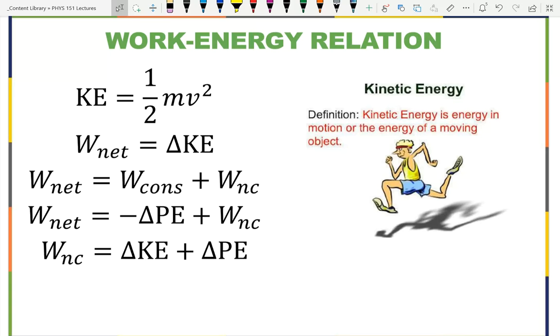So in that problem that I gave you with the two forces, force of friction and the force applied, the net work, which came out to be 92 joules, that would be telling me about the change in kinetic energy. So it's going to be speeding up, and I don't remember if we even gave you a mass, but you would just say, okay, the change in kinetic energy starts at rest.